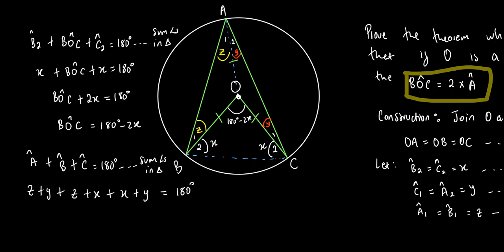Good people, what you realize there is that simply you're going to have 2x plus 2y plus 2z. When you are doing it now that you get used to it, you just know that if I add all of the angles there in the big triangle, I just get 2x, 2y, 2z. You won't waste any time.